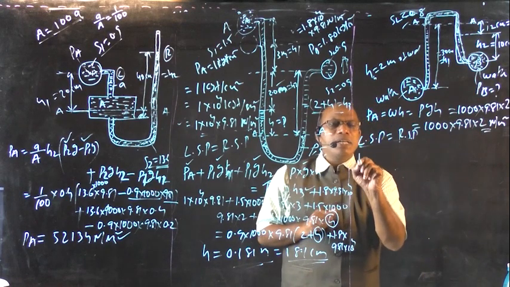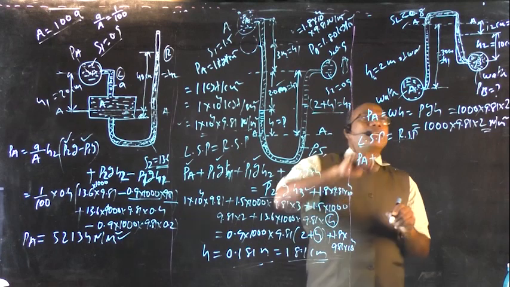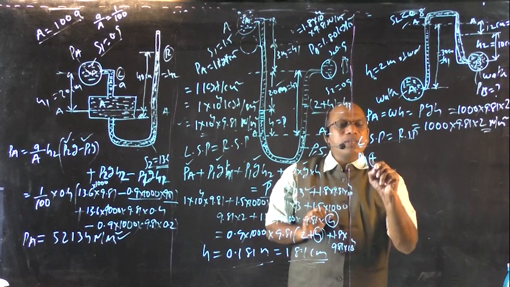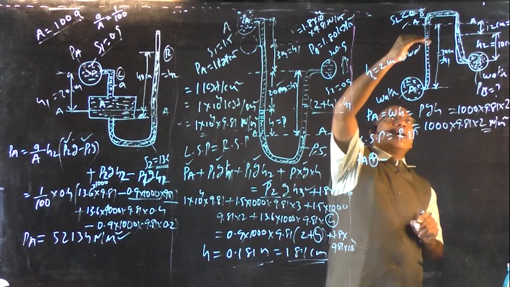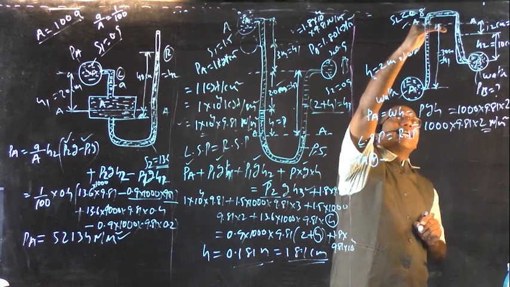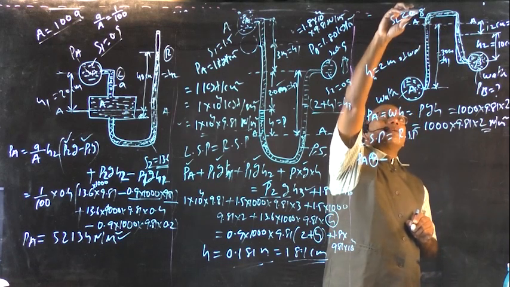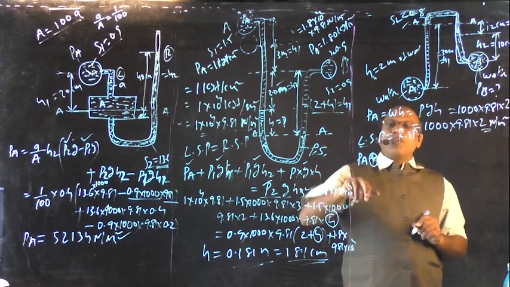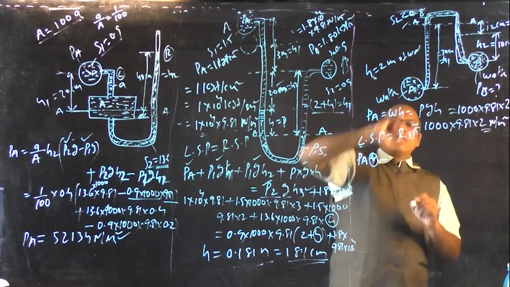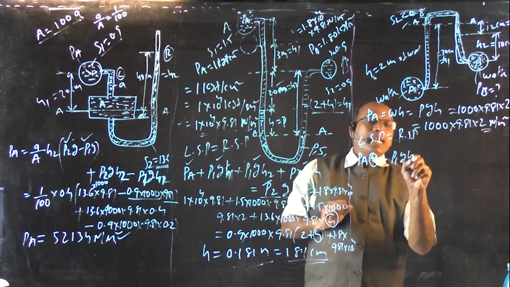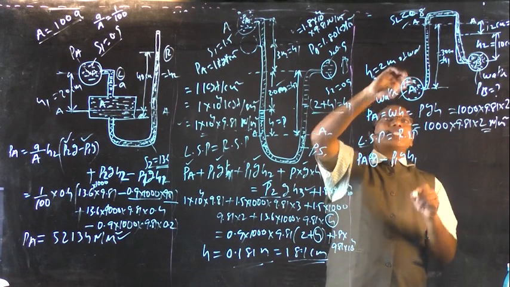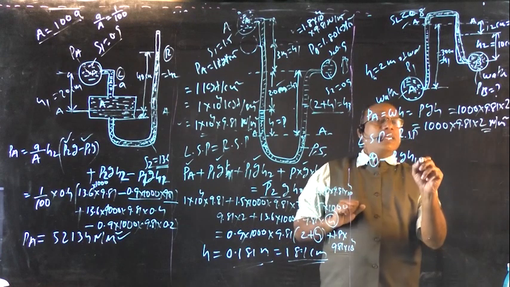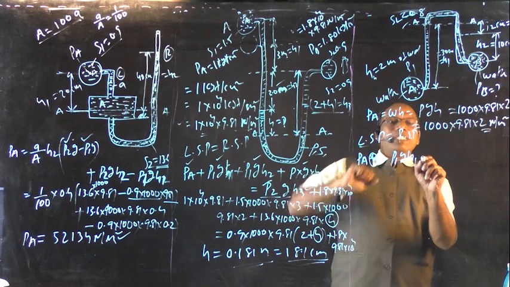Left side pressure is PA plus, because of this water column, here we are going to take not plus, we are going to take minus. The manometer liquid is taken as a light liquid, that means the specific gravity of the manometer liquid is less than the liquid flowing in pipe A and pipe B. Therefore, PA minus ρ1gH1, where the density of the flowing liquid is ρ1 and H1 is the depth of liquid. These are the left side pressures.